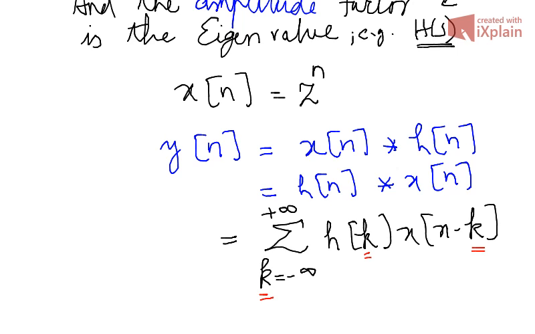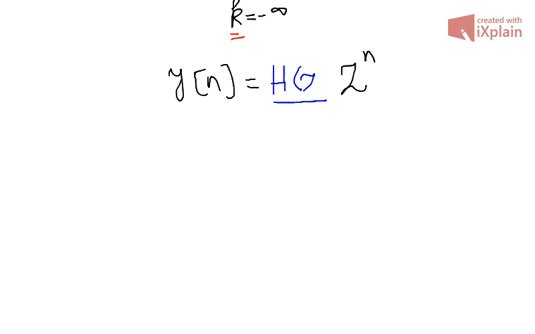If your input is a complex exponential, a discrete time signal, you would see that the output y of n is actually the same complex exponential, but modified by a constant, and that constant is H of z.